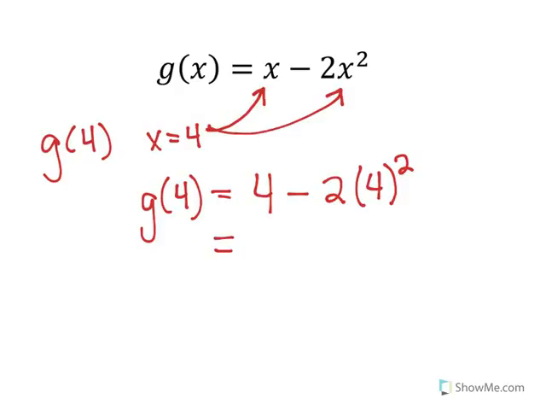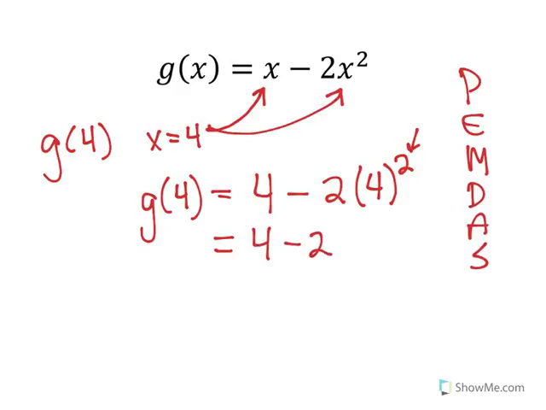Then we just use order of operations. So that means we're going to focus on the exponent first, so we get 4 minus 2 times, and then we've got 4 squared, which is the same as 4 times 4. So we get 4 minus 2 times 16.